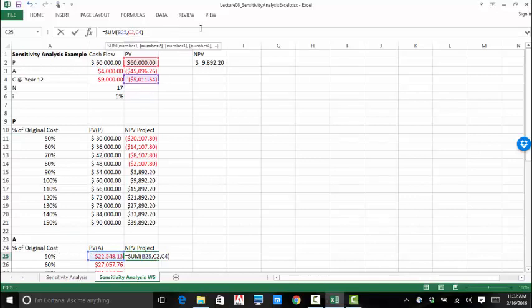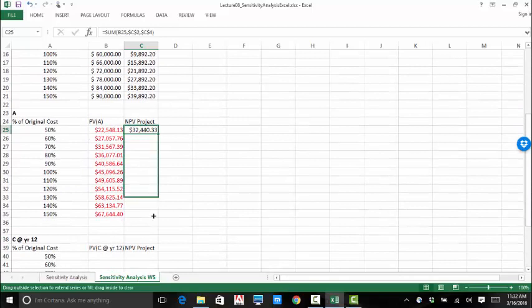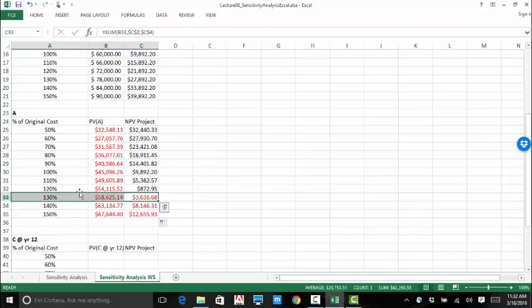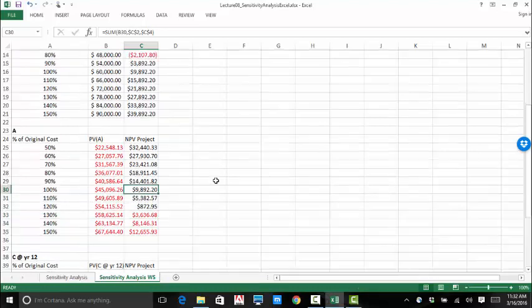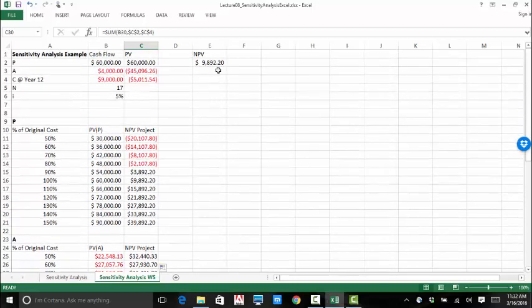So C2 and C4 we're going to lock. NPV. So you can see if A is ever at 130% of the value, it becomes negative. Again, we have at 100% the exact same NPV.